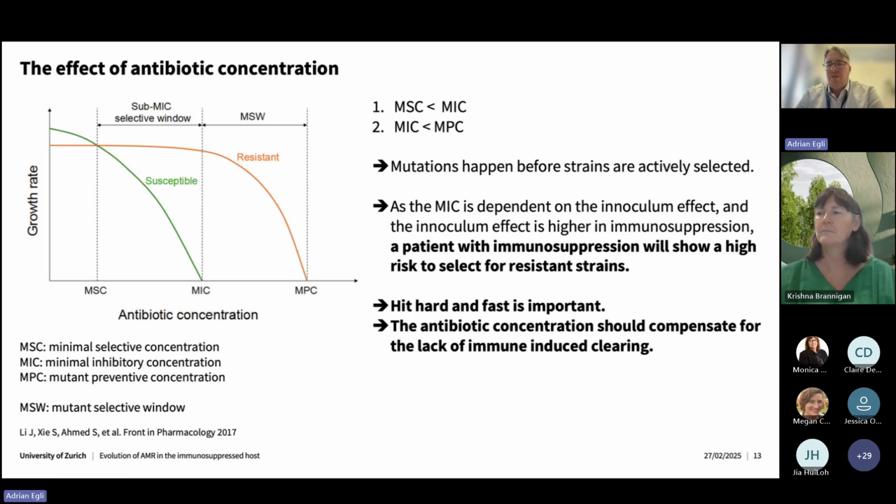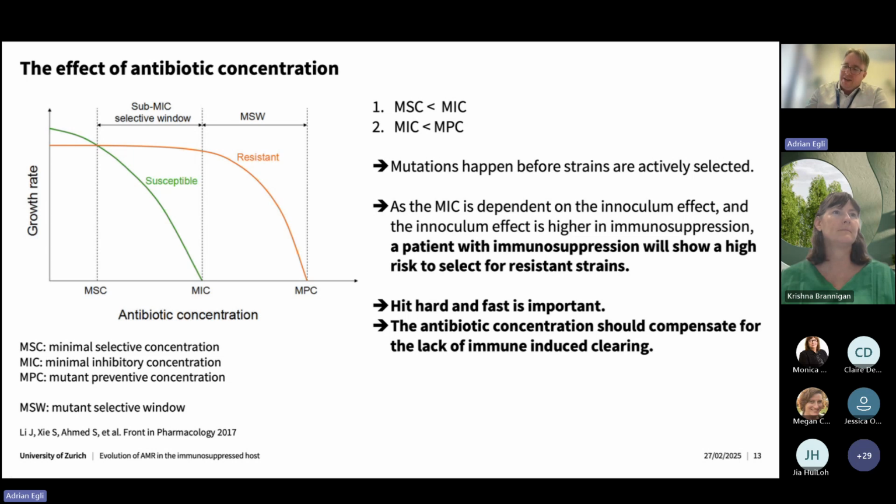So if we summarize that, in a patient with immunosuppression, due to the higher inoculum effect and the lack of this immune control, you have a higher risk that the bacteria collect mutations down the road and resistant strains are selected. So for this reason, we should try to hit hard and fast if possible and go for higher concentrations if this can be done in terms of toxicity profiles.